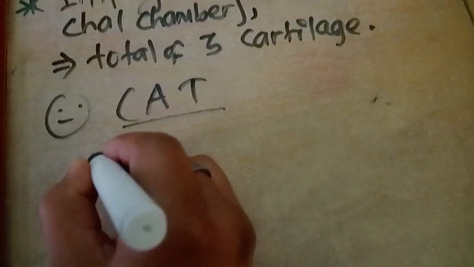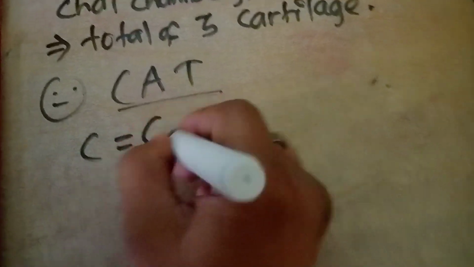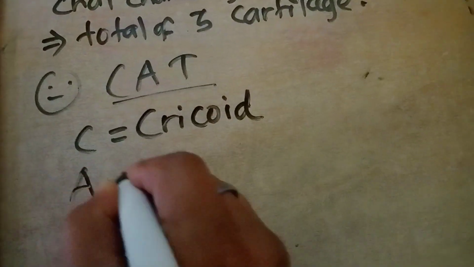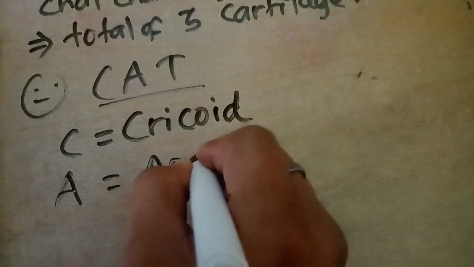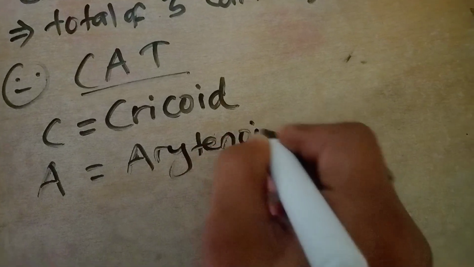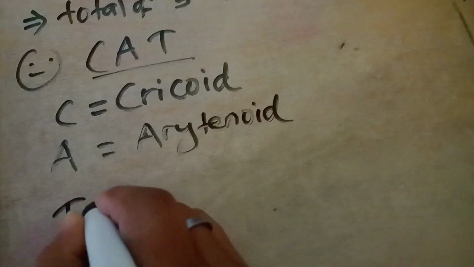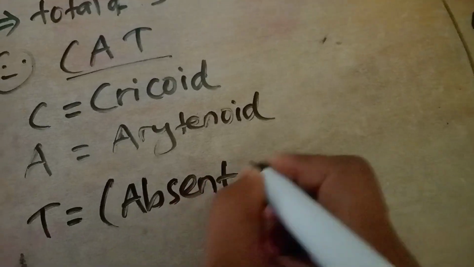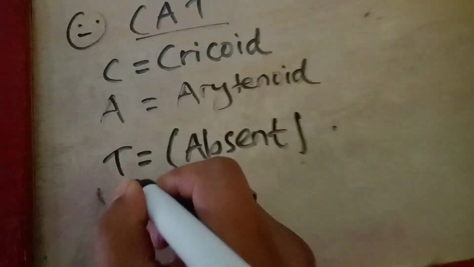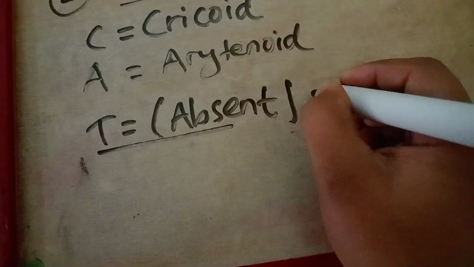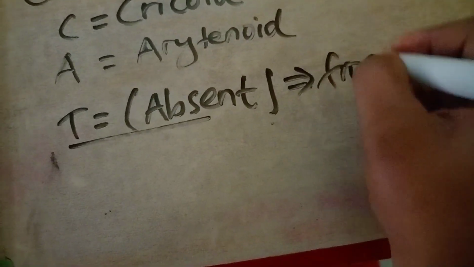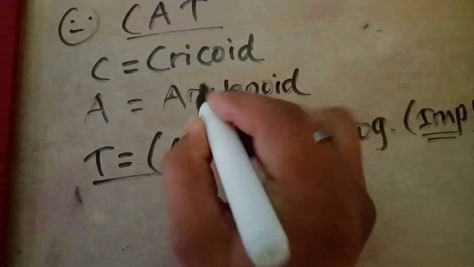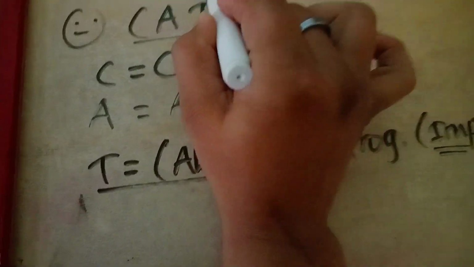So C means cricoid, A means arytenoid, and T means thyroid, which is absent. So this is one special point: thyroid cartilage is absent in frog. This is special and important also. And we can see 3 cartilage.